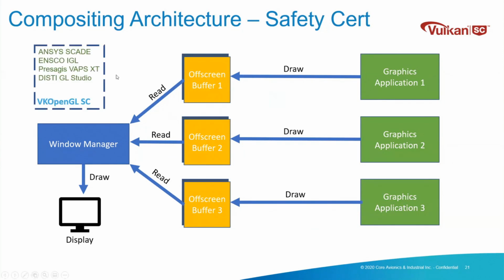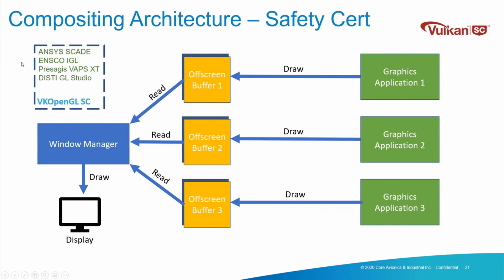And the other items that we can look at as well, because CoreAVI doesn't deal with the display end, it only deals really with the frame buffer end and the libraries like OpenGL and Vulkan. There are other companies such as ANSYS using SCADE Display, ENSCO, IGL, Presagis, and DiSTI with GL Studio that can use the OpenGL SC to create window systems and even redirect the frame buffers into windows on the display.